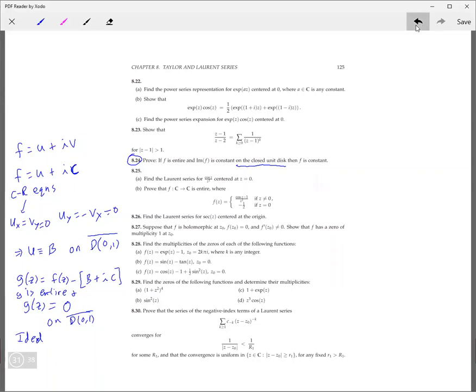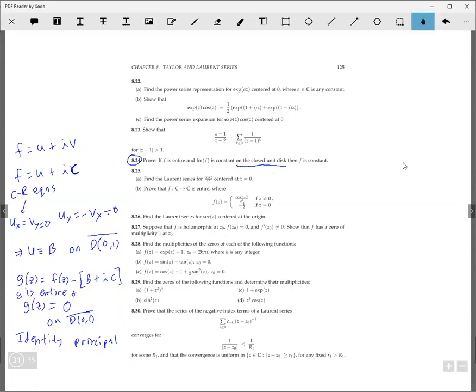Look that up and see what it says about this, okay? So that will help you with that problem. Sure, you're welcome.